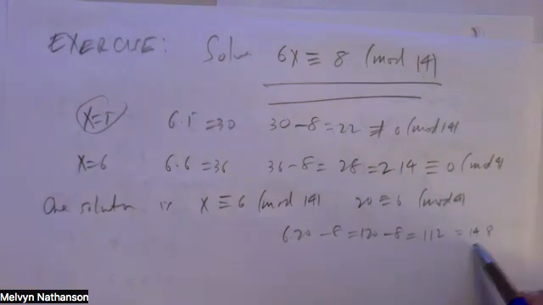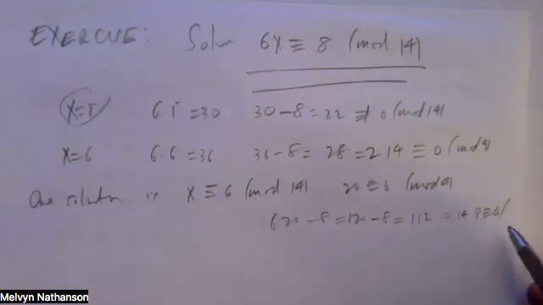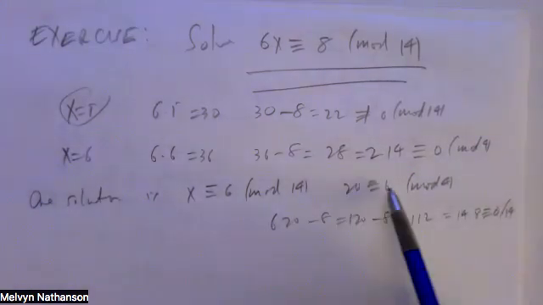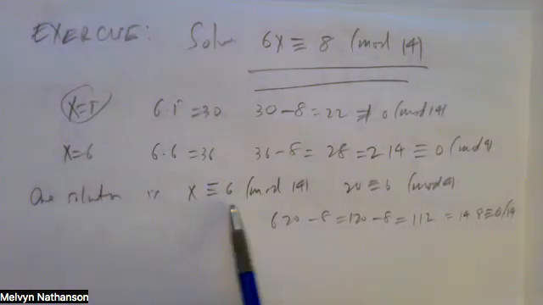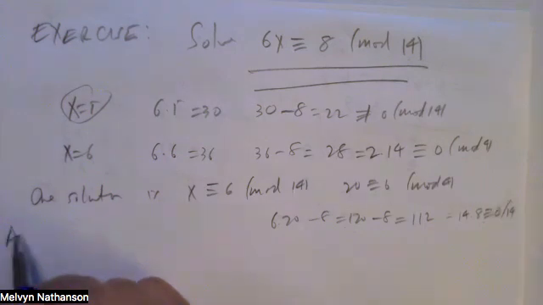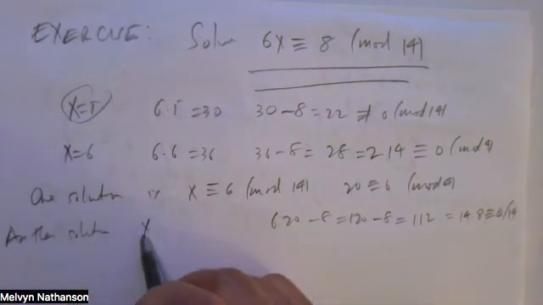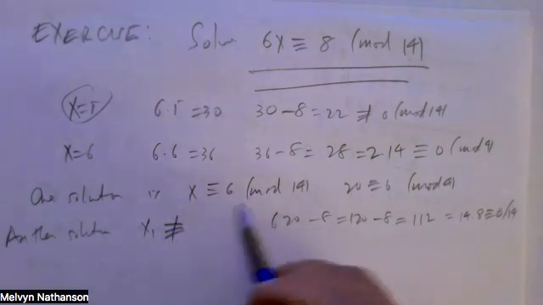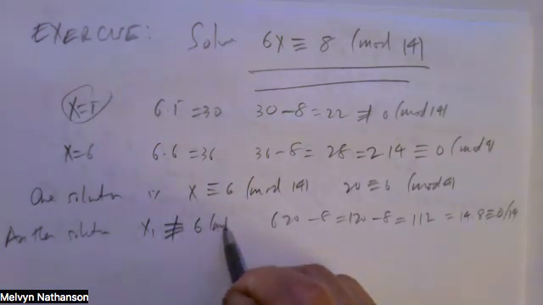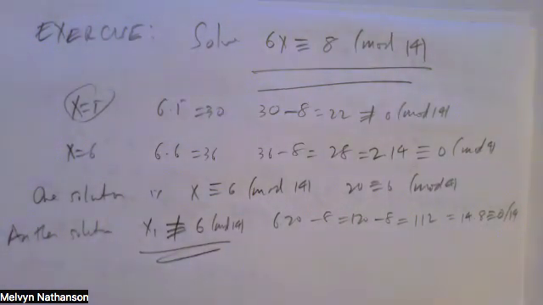So this is congruent to 0 mod 14. Of course, it has to be. Any number congruent to 6 mod 14 is a solution, like 20. But what about another solution? Suppose there is another solution, x1, which is not congruent to 6 mod 14. Can we find another solution?